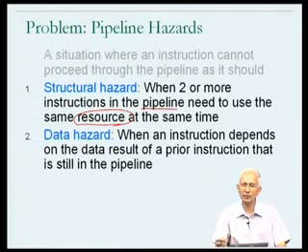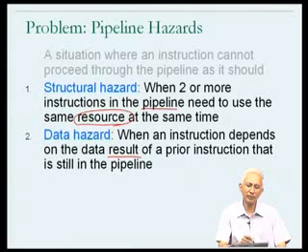There's another instruction which is somewhere towards the middle or the end of the pipeline. And it is the second instruction that is producing a result that is of relevance to the instruction earlier in the pipeline. So there's some kind of a data relationship between the instructions, as a result of which it is not safe for the instruction maybe earlier in the pipeline to proceed through the pipeline as it should. So that is known as a data hazard.